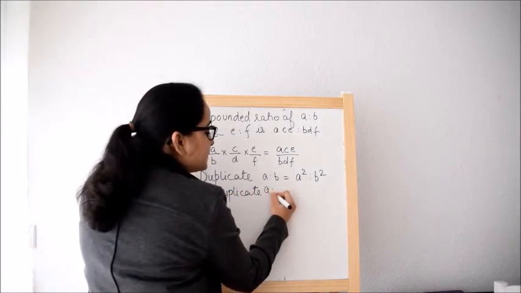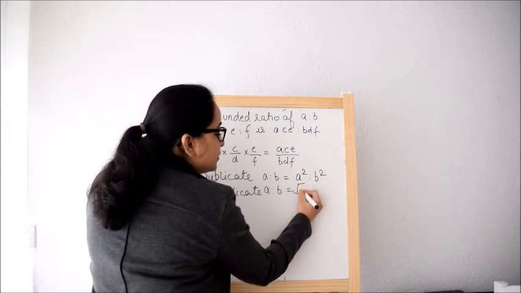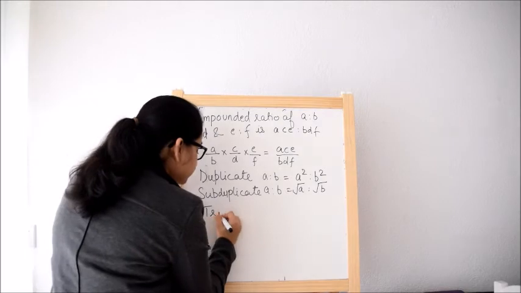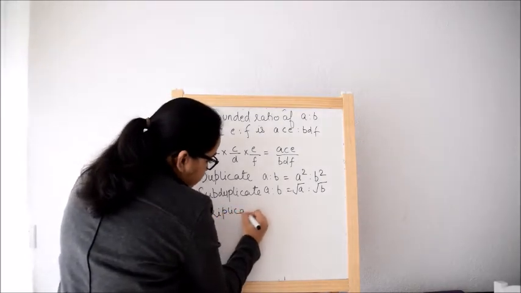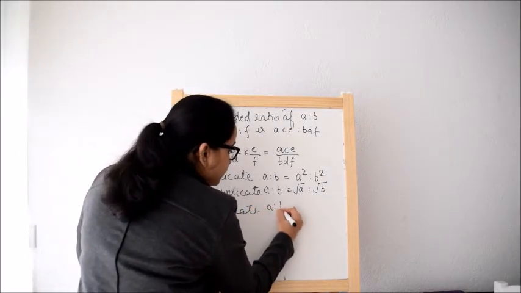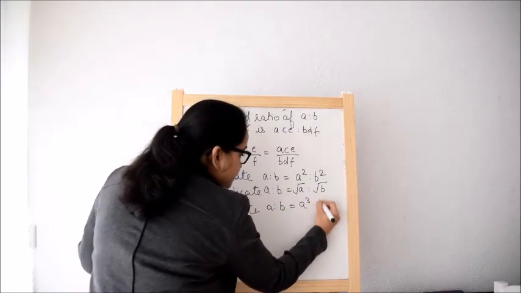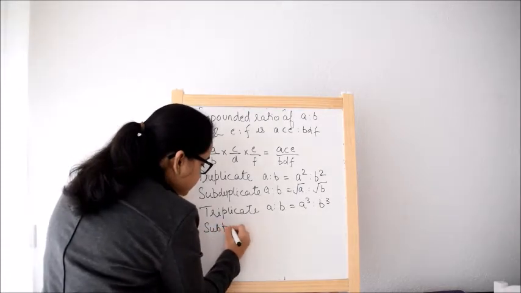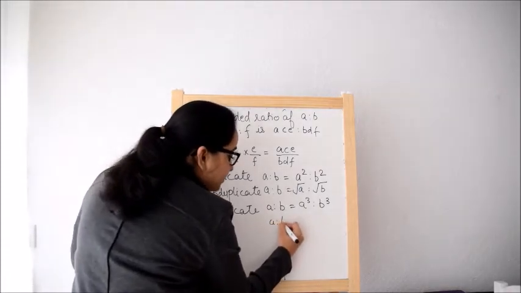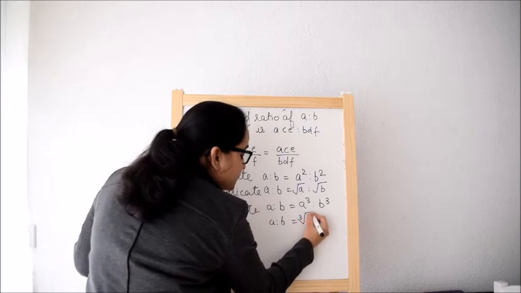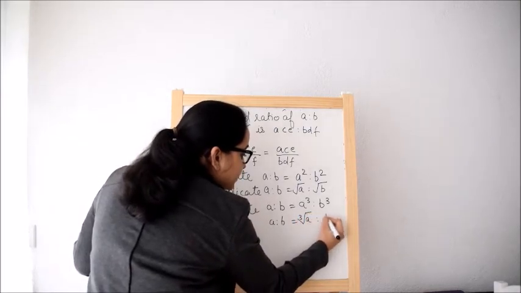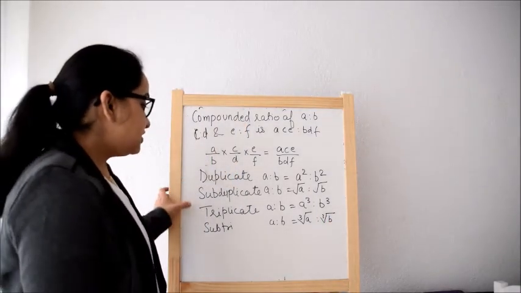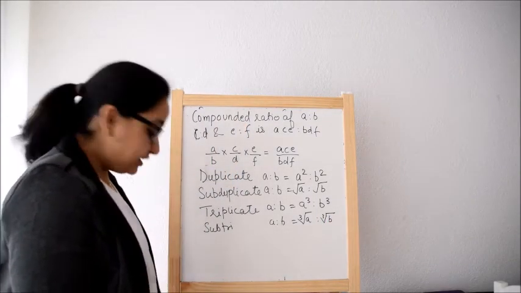Subduplicate ratio of A is to B is square root of A is to square root of B. Triplicate ratio of A is to B is A cube is to B cube, and subtriplicate of A and B is cube root of A and cube root of B. Okay, so these are the terms which are related to the ratios.